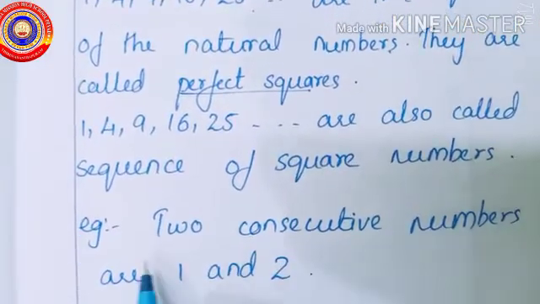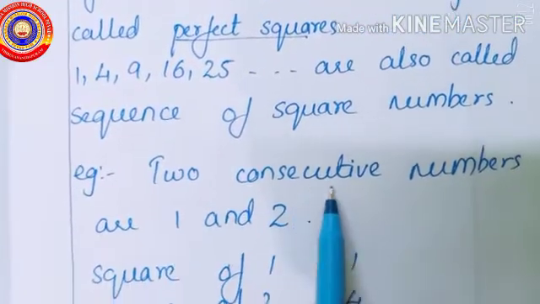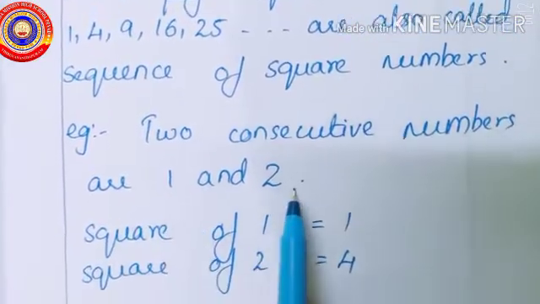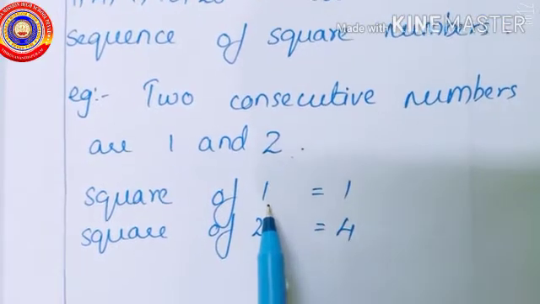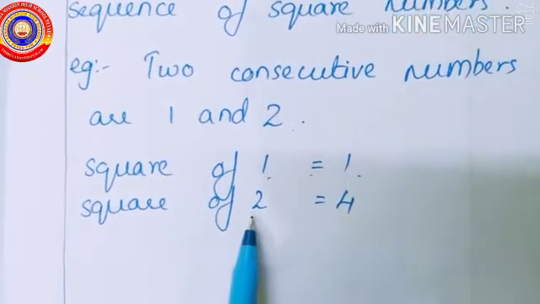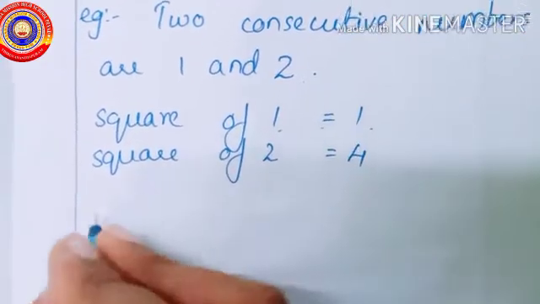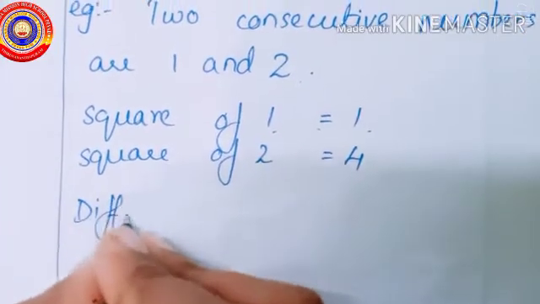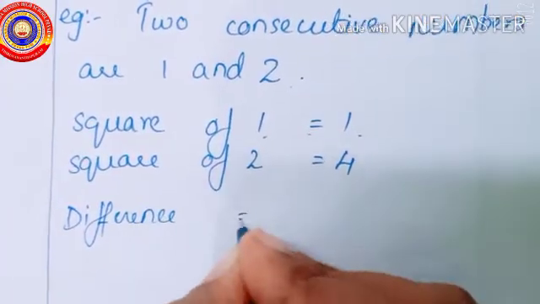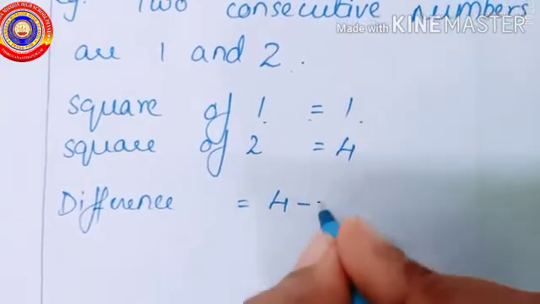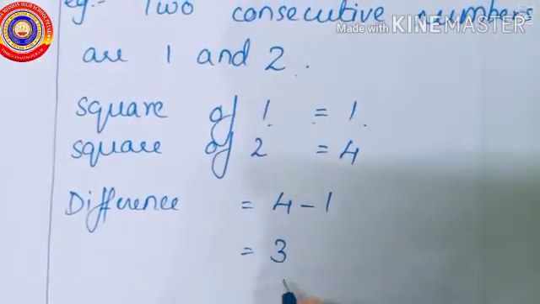Let's take an example. Two consecutive numbers are 1 and 2. Square of 1 is equal to 1 and square of 2 is equal to 4. The difference of these two numbers is 4 minus 1, that is equal to 3.